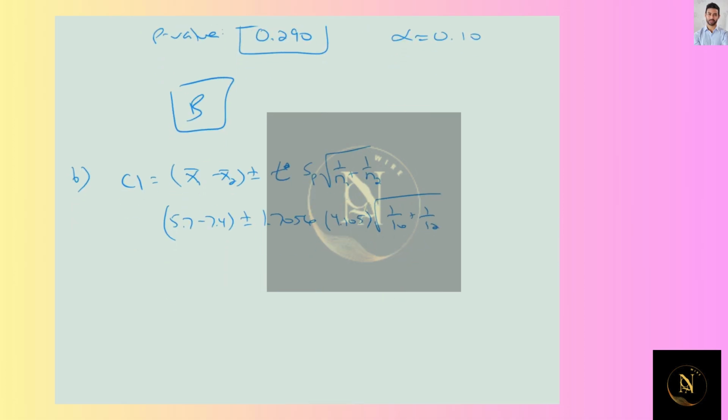So our lower boundary to two places is negative 4.37.